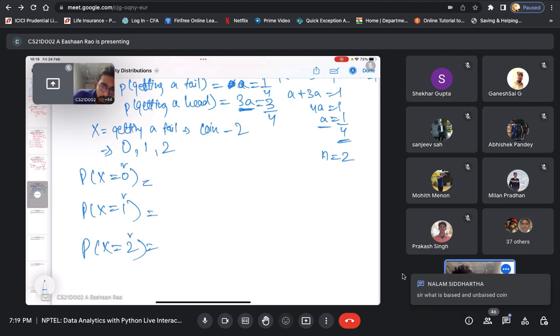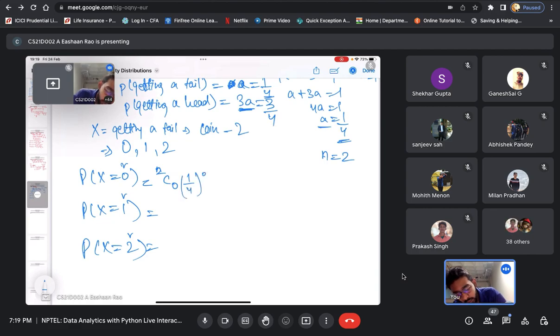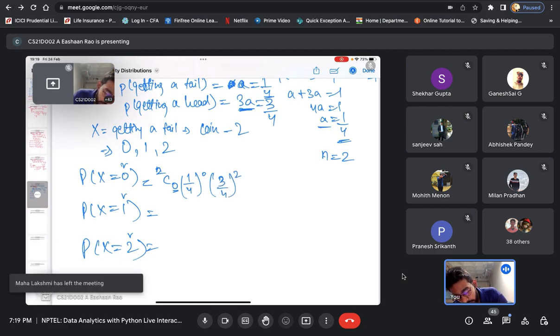So if I do this, it will be 2C0, and my probability of success, getting a tail, is 1 by 4, which I identified earlier. So it will be (1/4)^0 because of r, and (3/4)^2 for getting a head. Similarly 2C1, getting a tail (1/4)^1, and (3/4)^(2-1), which is equal to 1.